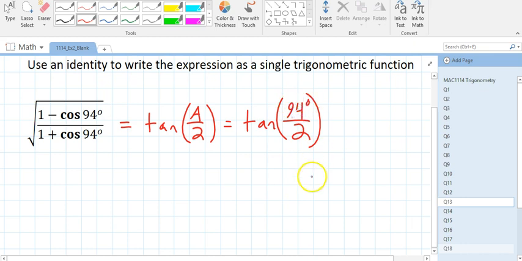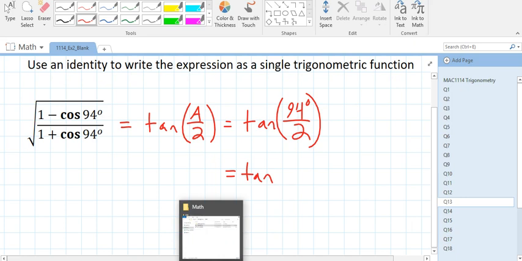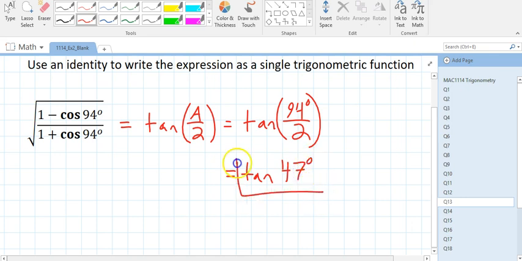You got it. And what is 94 divided by 2? There you go. There is the single trig function. It really is that easy. There is no catch to this. That's what you're doing. And that's 10.3. Just those two questions.